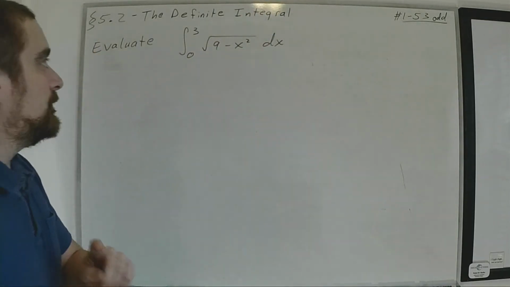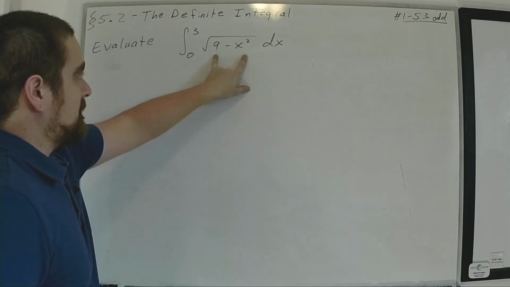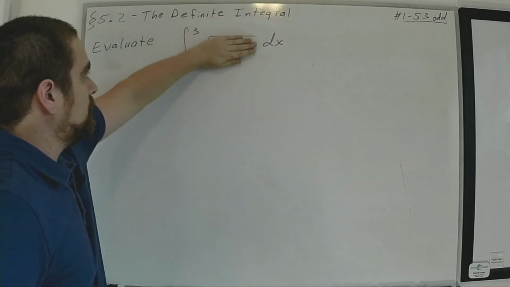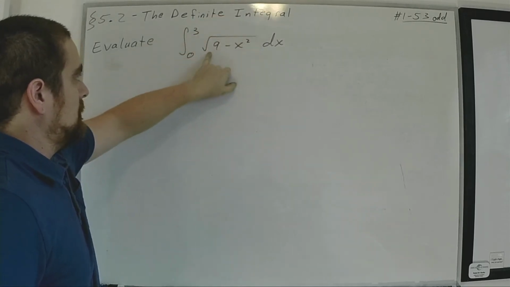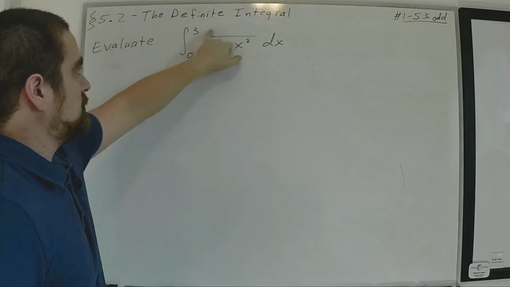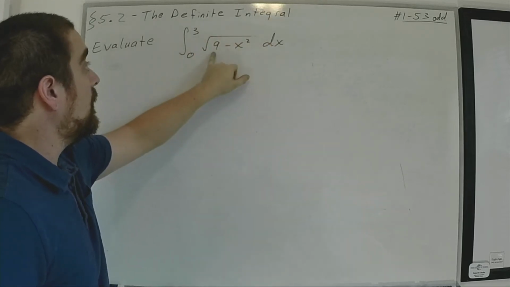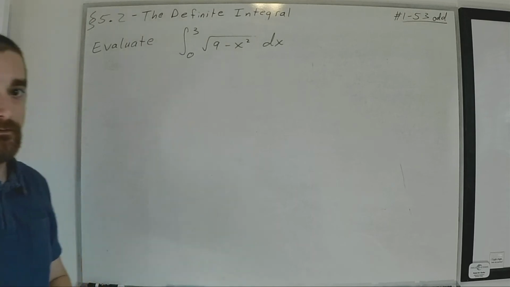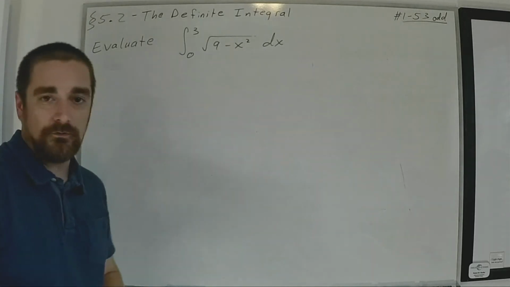You have to go find the antiderivative of this entire function, not just the polynomial, not just the square root of x, but this is an actual composition of functions. It's a square root of a polynomial. And I'm telling you, you don't know how to do that.